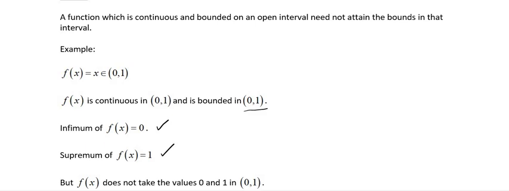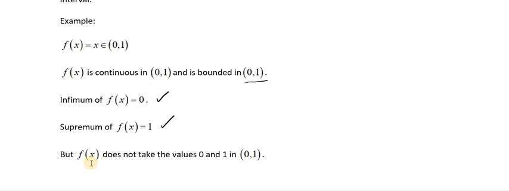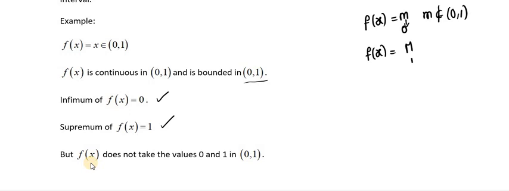Therefore, f of x is not equal to small m, because this m does not belong to the open interval (0, 1). In this situation m is 0, because in an open interval the endpoints are not included. Similarly, f of x equal to capital M: in this case capital M is 1, but 1 also does not belong to the open interval (0, 1).